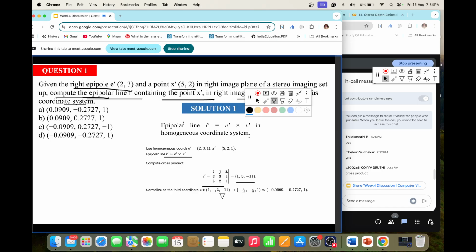You just normalize it, because the coordinates are given with 1 in the last position. So just divide it by minus 11, and you will get the answer in homogeneous coordinates, that is minus 0.0909 and minus 0.2727 and 1. So option D is your correct answer.